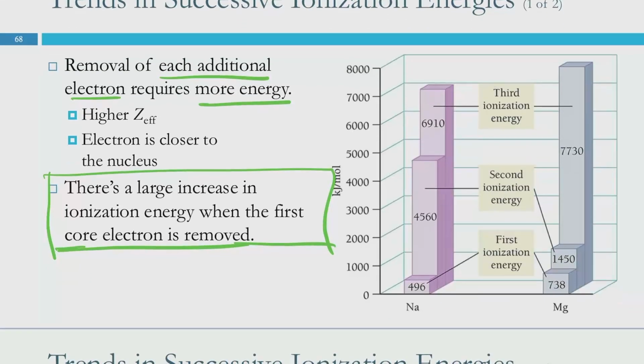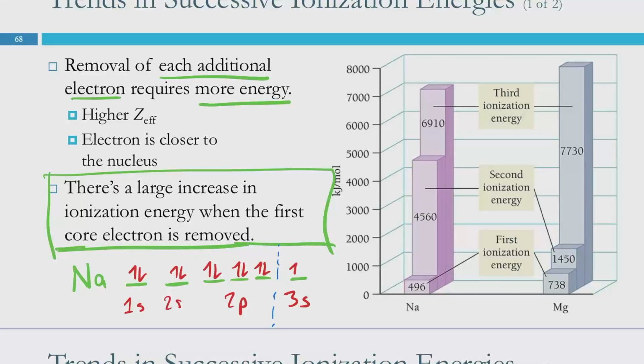So here's our sodium. This is our 1s, 2s, 2p, 3s. This is the normal sodium electron configuration.